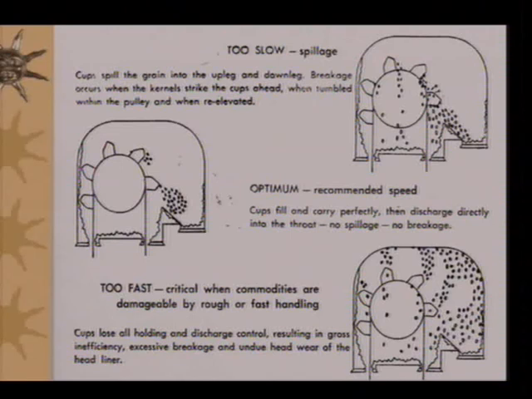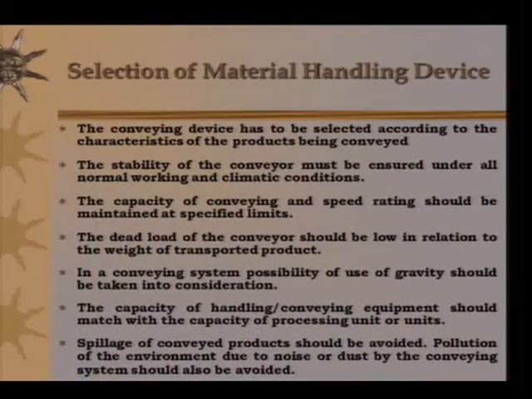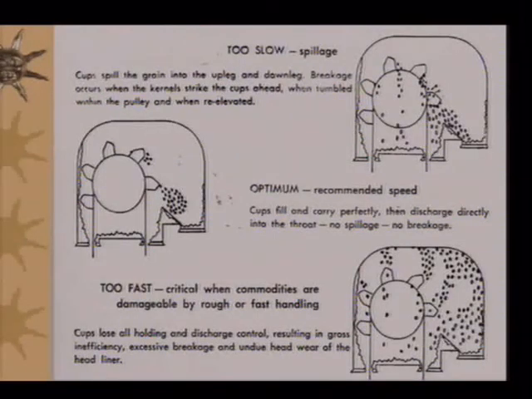Now there are certain operational things which have to be kept in mind while operating a bucket elevator in a grain industry or a food industry. Here you see the picture given on the top. If you have to maintain a particular speed for the bucket elevator, see what happens if the speed is too slow.